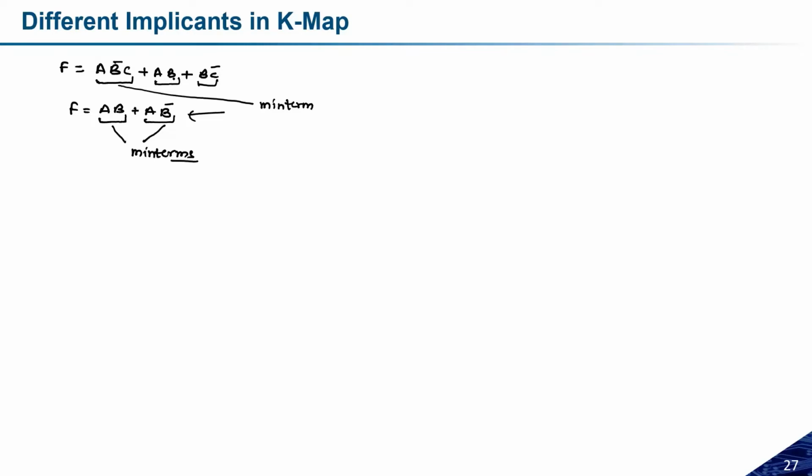Whereas ab plus bc bar, including a b bar c, we call all of them the implicants. So these all are the implicants. Let me change the color so that it makes more sense.